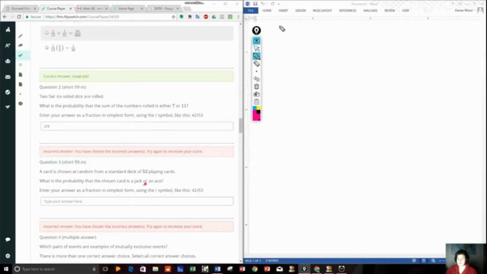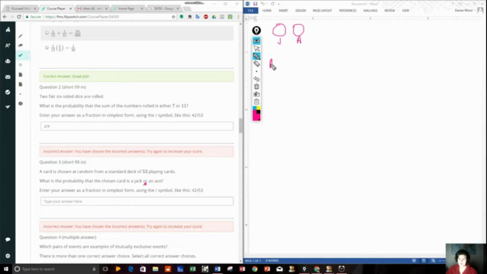They're mutually exclusive. So again, in your head you have all of the jacks and all of the aces. There's no intersection between these two. They're completely different in the Venn diagram.